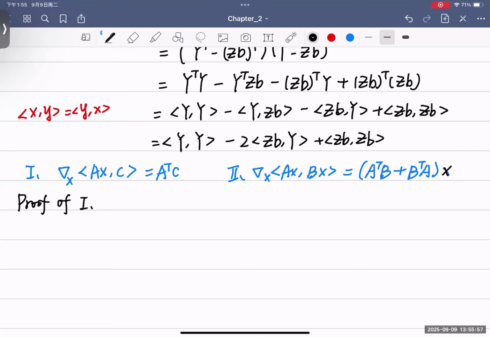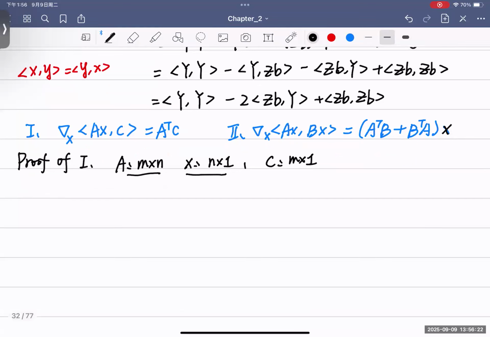They are an arbitrary matrix and vectors. Here A is an m times n matrix, x is an n times 1 vector, and c is an m times 1 vector. So first we point out the sizes. And we want to calculate the derivative of Ax inner product with c.